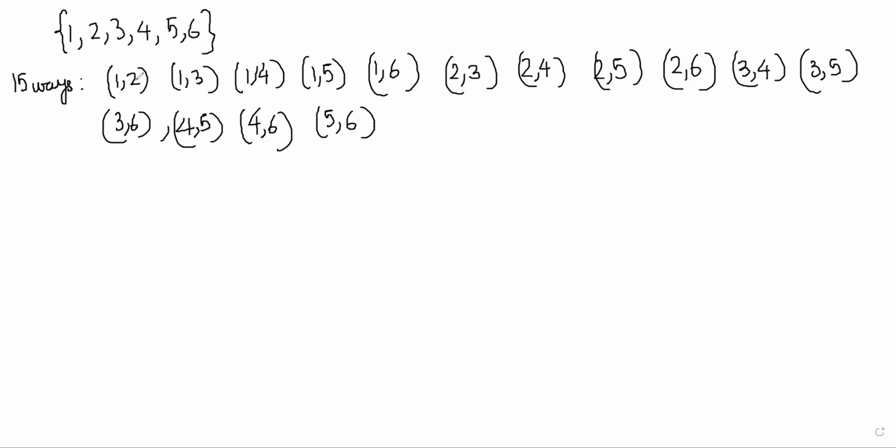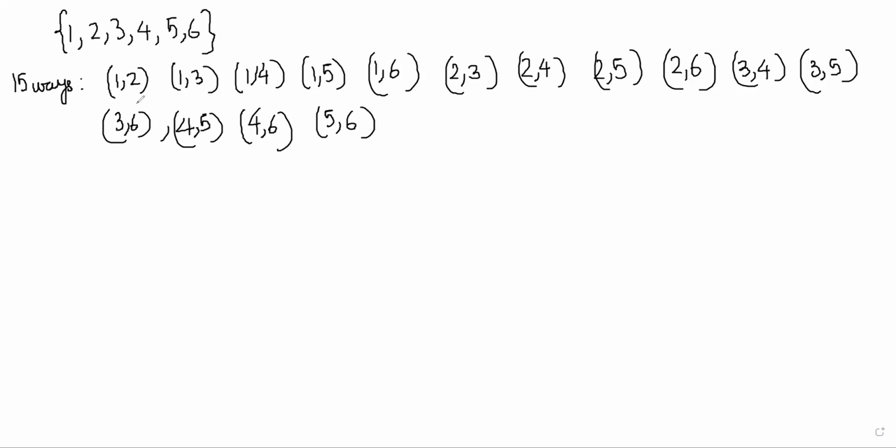How many are there? 3, 6, 9, 11, 15, right? Okay, I did my first pairs. This is the first pairing that I could have chosen. This is 15 ways, right?